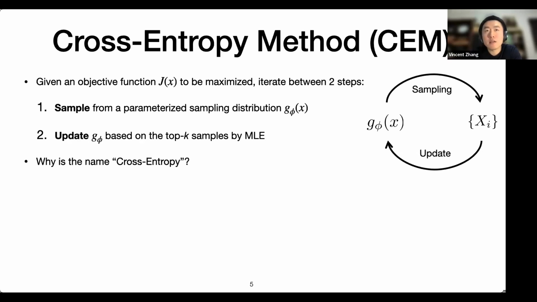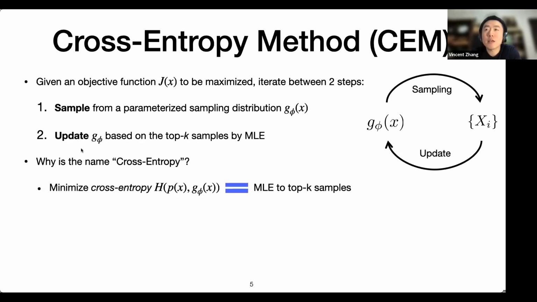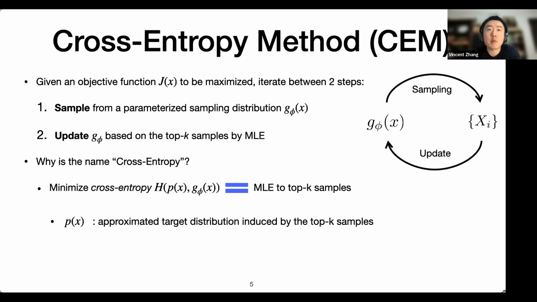So why do we have the name cross-entropy there? The reason is there's this equivalence: when we perform MLE on these top K samples, what we're equivalently doing is minimizing the cross-entropy between two distributions, P and G, where P of x is an approximated target distribution introduced by these top K samples, and G of x is our current sampling distribution.